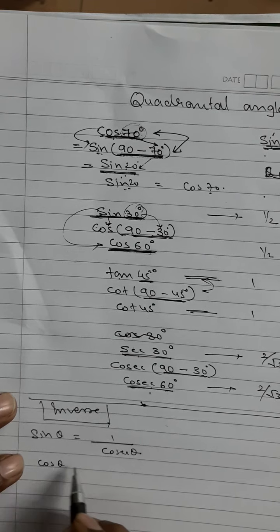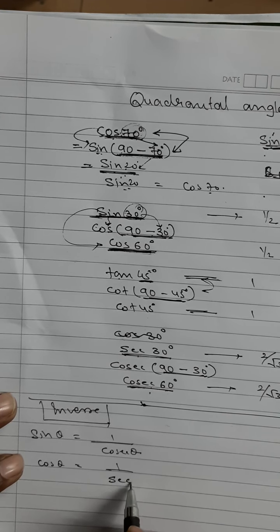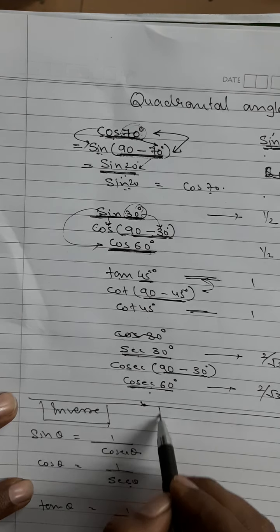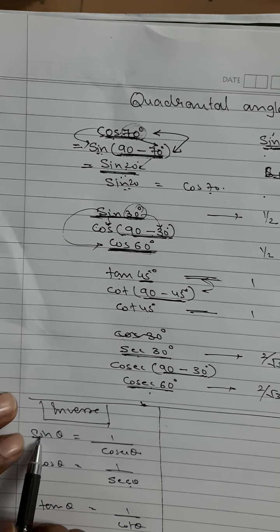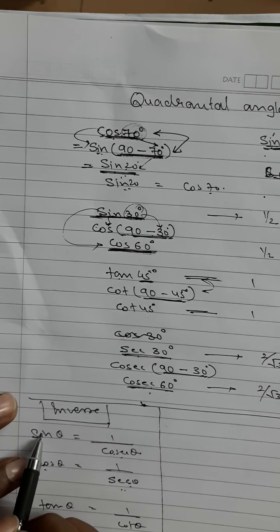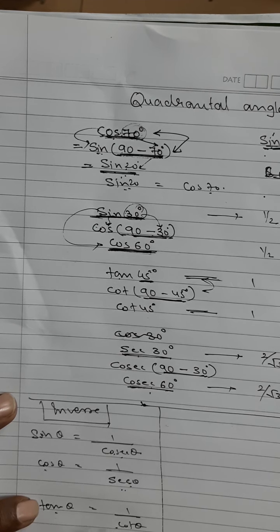Similarly, cos theta is inverse of sec theta, and sec theta is inverse of cos theta. Tan theta is inverse of cot theta, and cot theta is inverse of tan theta. But remember, in these inverse formulas, sine is connected to cosec, cos is connected to sec, sec is connected to cos, cosec is connected to sine. Tan is connected to cot and cot is connected to tan.